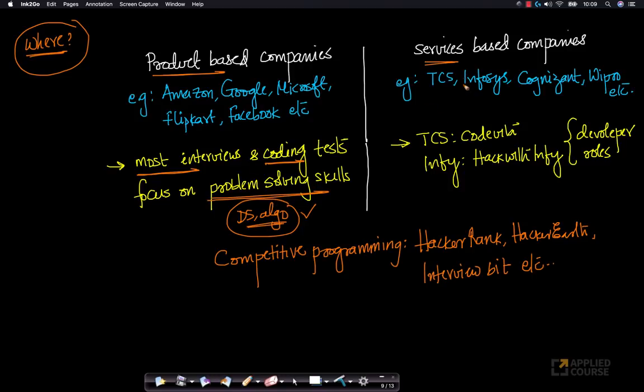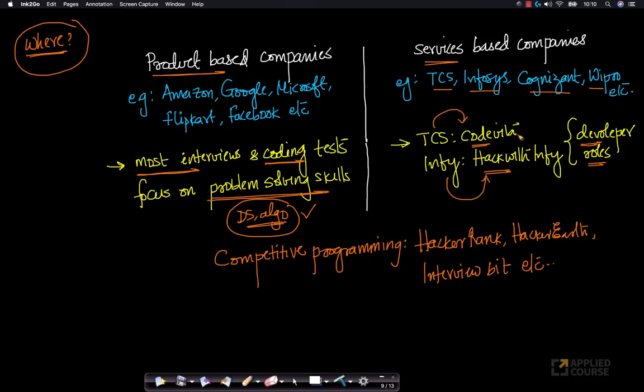Similarly, even at services companies and a ton of startups nowadays, like TCS, Infosys, Cognizant, Wipro, Swiggy, etc., many of these companies are also offering better, well-paid and great developer roles using coding competitions like CodeVita and Hack with Infi. TCS conducts something called CodeVita and Infosys conducts something called Hack with Infi.